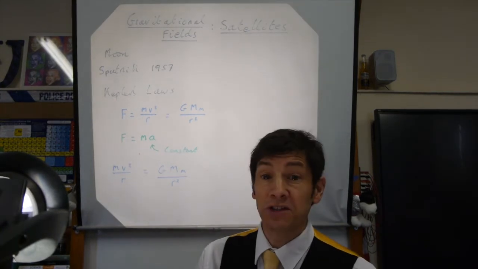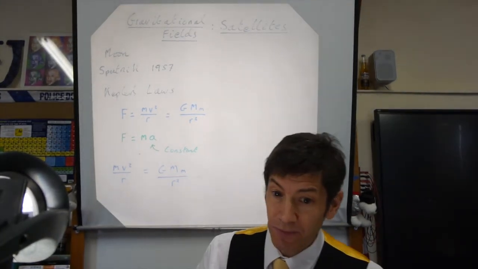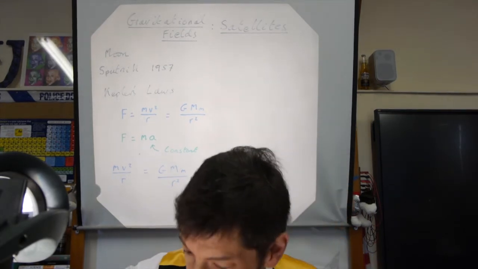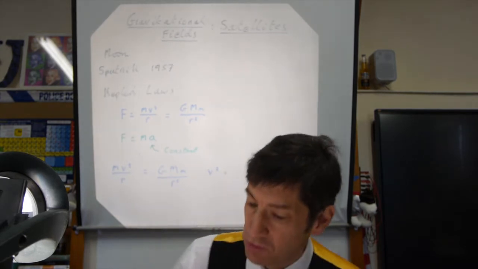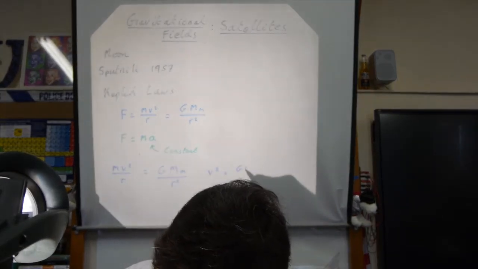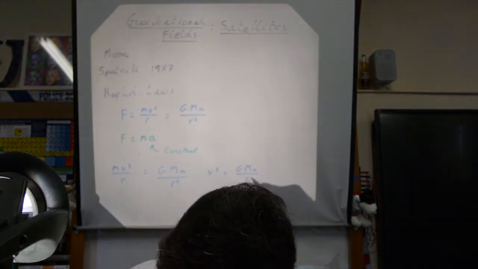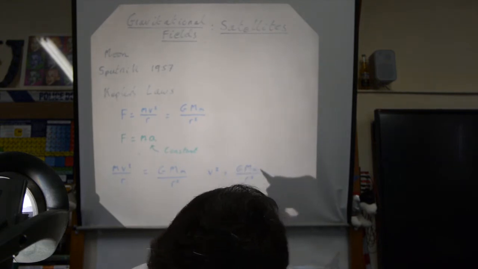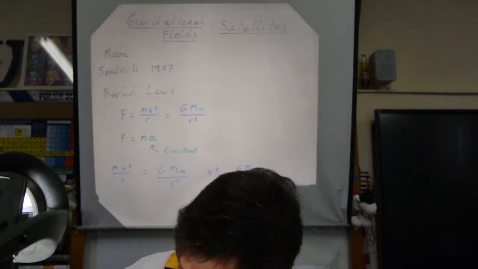Well, you can see that we've got some terms here that are on both sides of the equation. So we can say that v squared is equal to G, M, little m, upon r squared, and then the r comes up here. And what's interesting is the mass of the satellite goes down there.